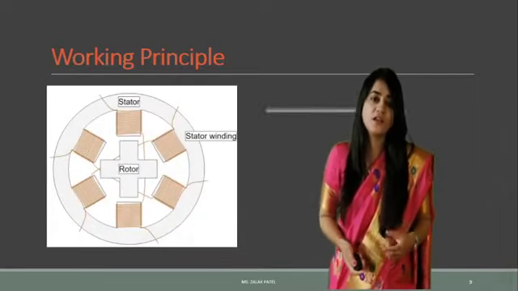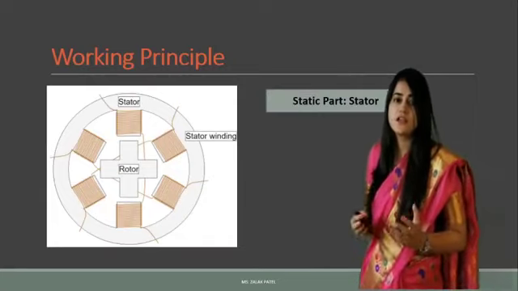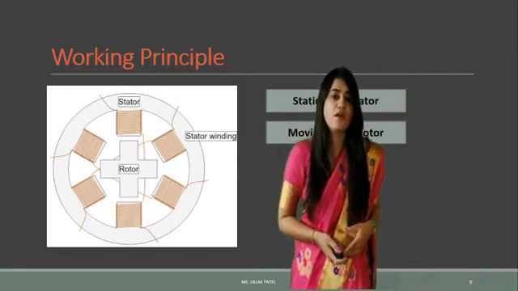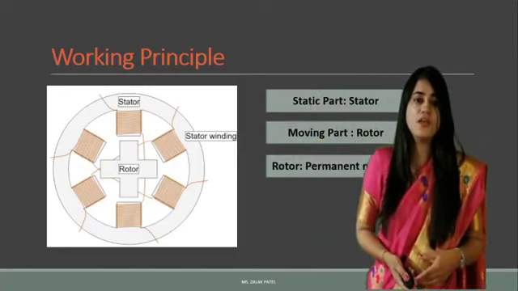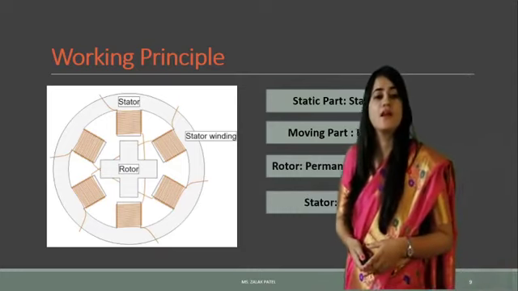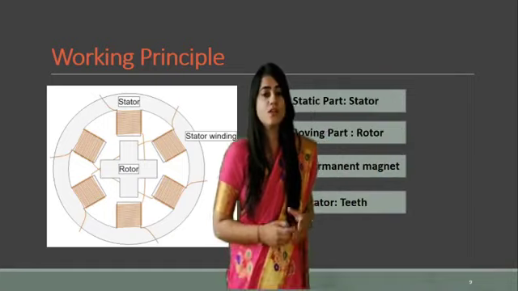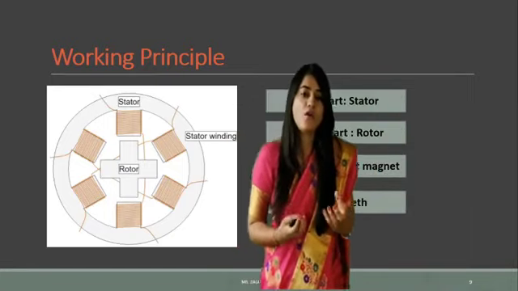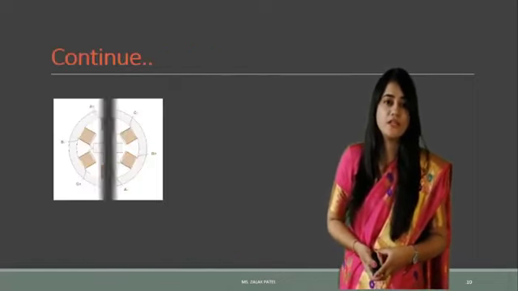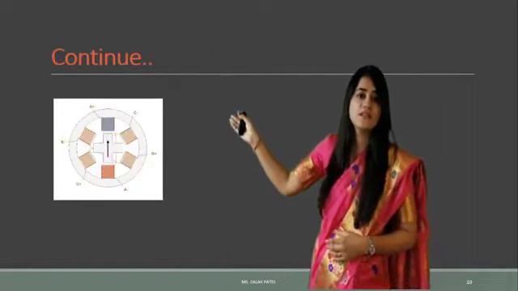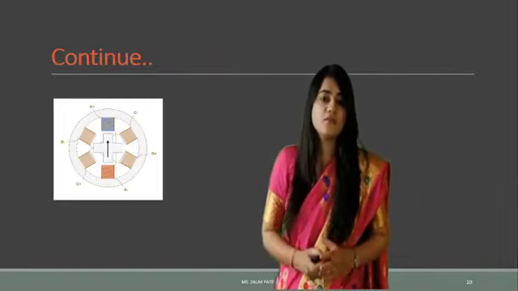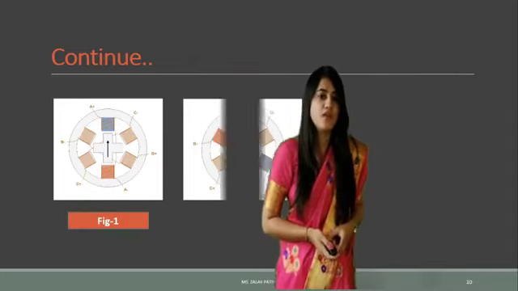For the working principle, it has two parts: the static part, which is the stator, and the moving part, called the rotor. The rotor contains a permanent magnet and the stator has a total number of teeth. According to this construction, let's see the principle in detail. In this figure you can see two stators connected in a straight line, so no angular position is achieved.